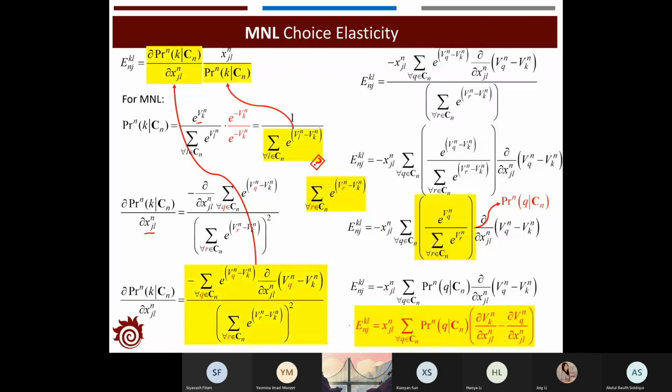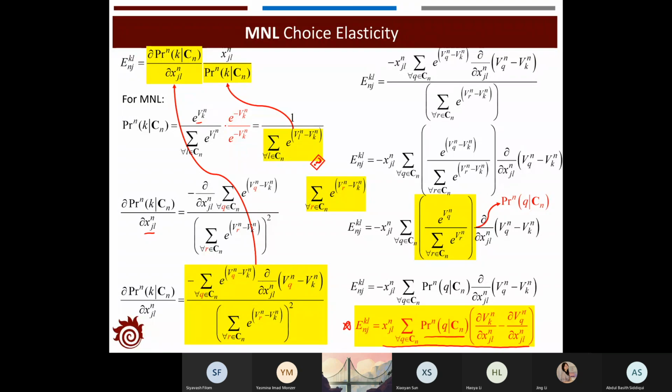So for the elasticity of the alternative k with respect to the variable j of the mode l, the expression looks like this. This would be xjl, the specific variable for the individual n, times the summation of the probability for all the modes that are available.